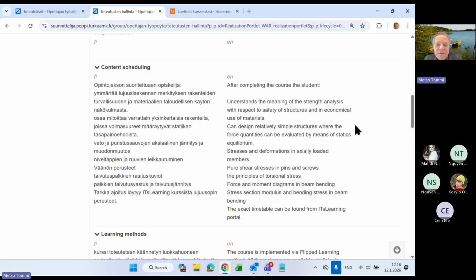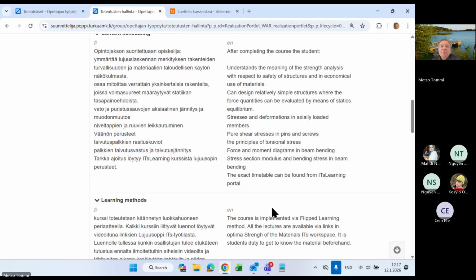Stresses and deformations in axially loaded members, shear stresses in beams and screws, the principle of torsional stress, force and moment diagrams in beam bending, stress, section modulus and bending stress in beam bending. The exact timetable can be found, of course, in itslearning environment.